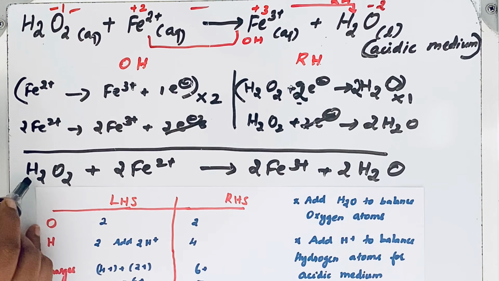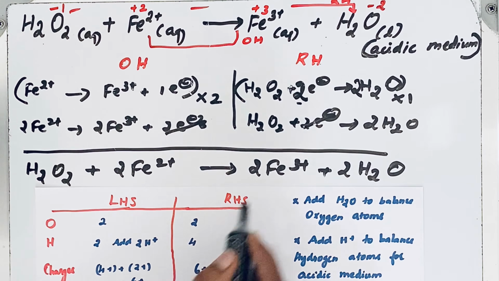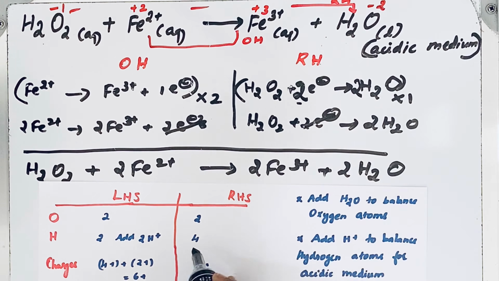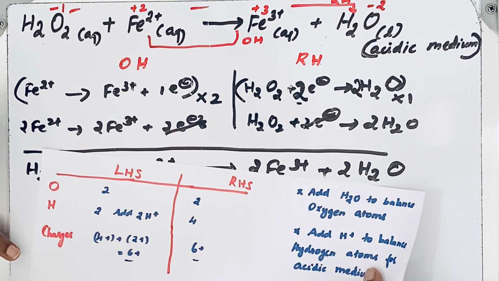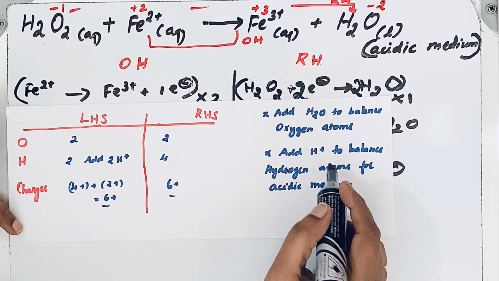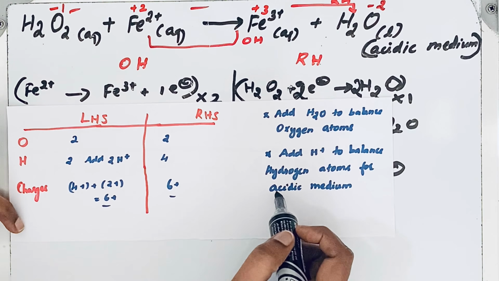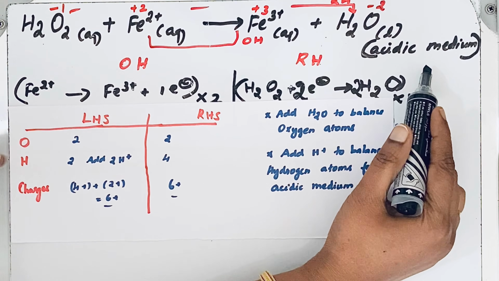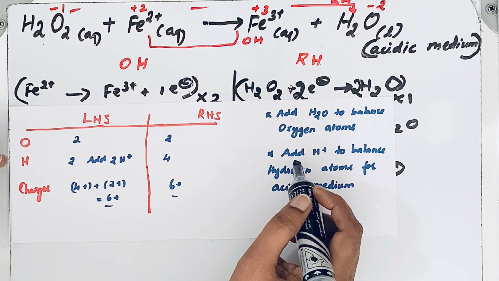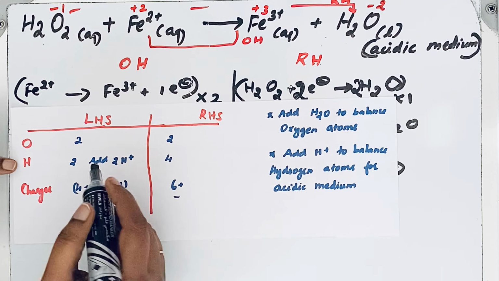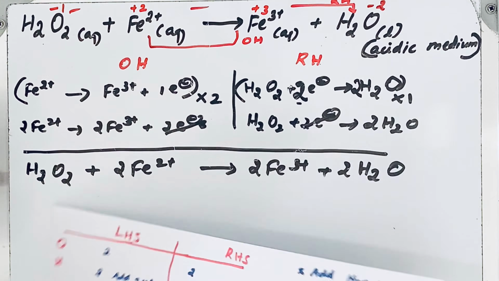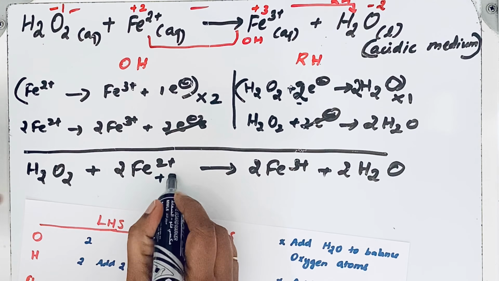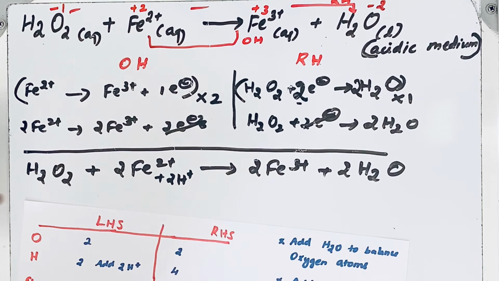In the left hand side we have 2 hydrogen atoms, but in the right hand side we have 4 hydrogen atoms. To balance hydrogen atoms, add H+ if the reaction is carried out in acidic medium. This reaction is taking place in acidic medium, so we are going to add H+. How many H+? 2 H+ we are going to add. So let us write 2 H+ on the left hand side.